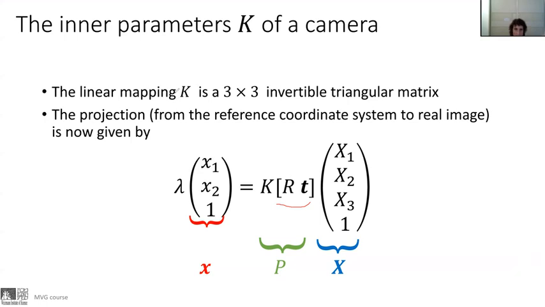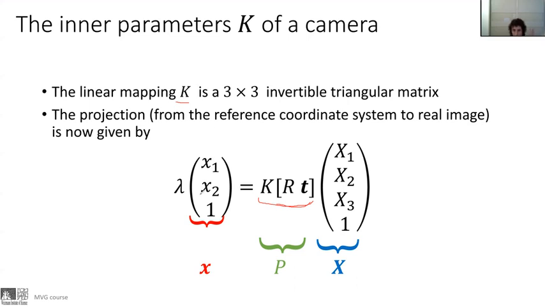Now we introduce a linear mapping K, which multiplies the camera matrix R T, and this K moves us from the 2D image plane embedded in 3D to the real image of the camera.